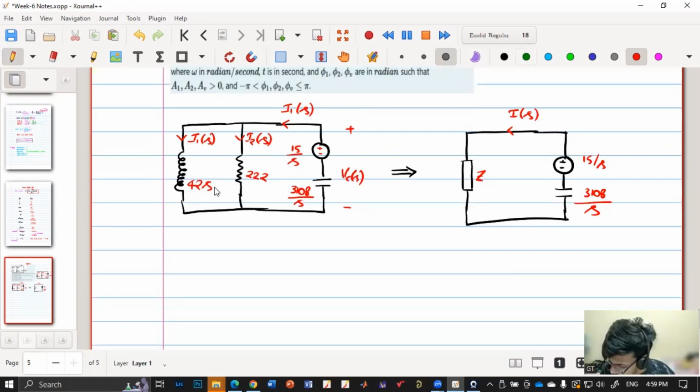But before that, what is Z? Z is 42S multiplied by 222 by 42S plus 222, right?